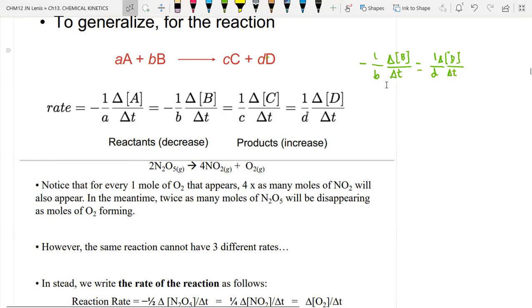So here you relate these two. Let's apply that.